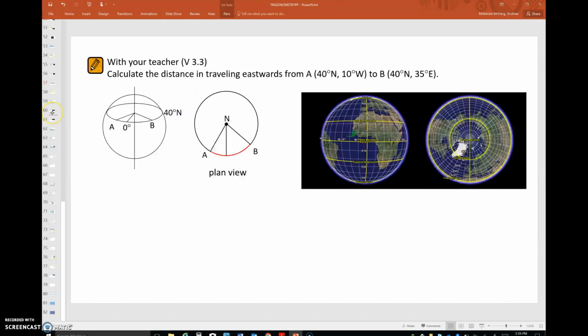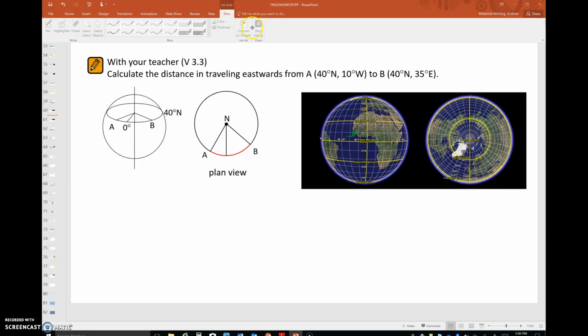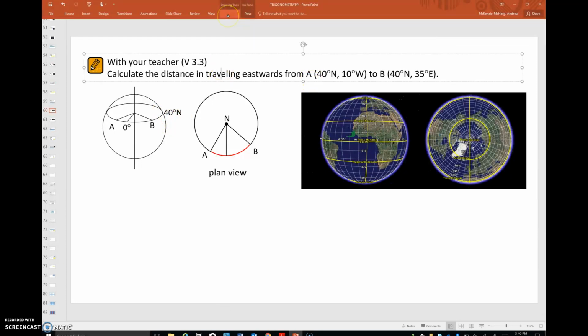So let's look back down at this example here, and these two places, A and B, are both on the 40-degree north parallel of latitude. So we're looking here, this 40-degree north parallel of latitude. Alright, so that is our alpha value, 40 degrees.